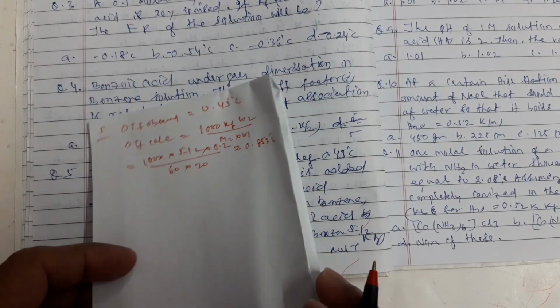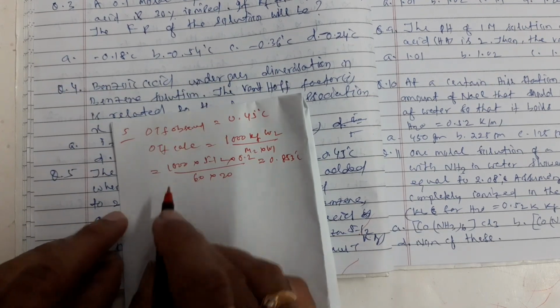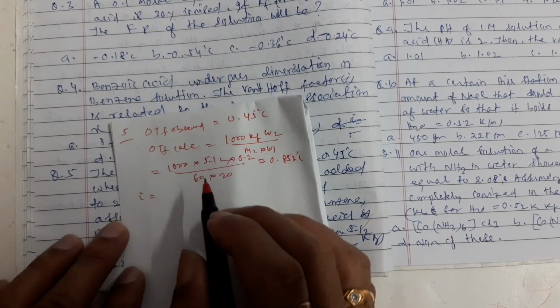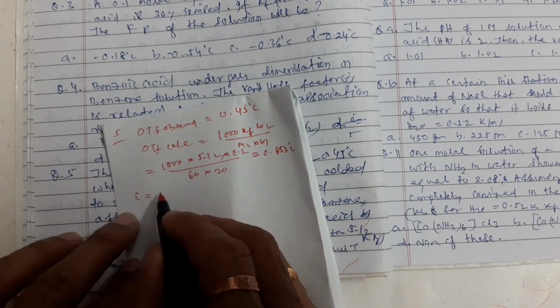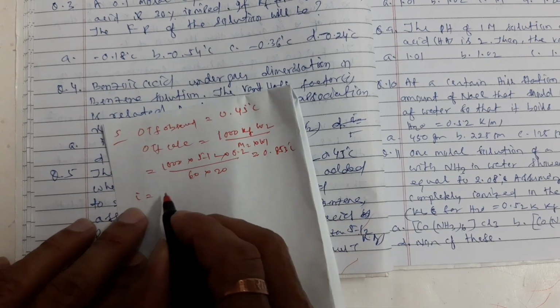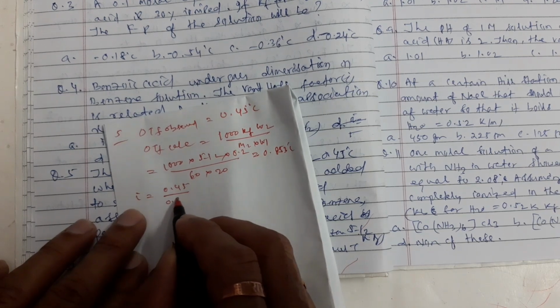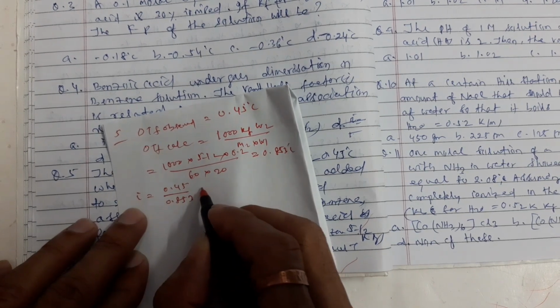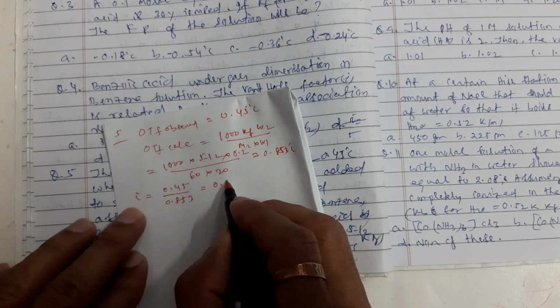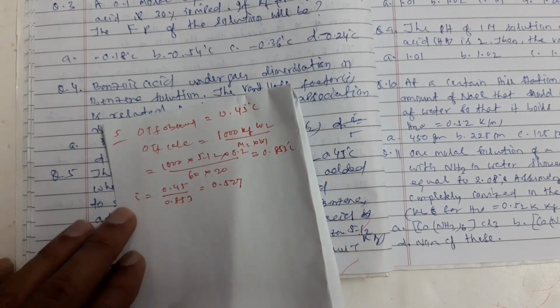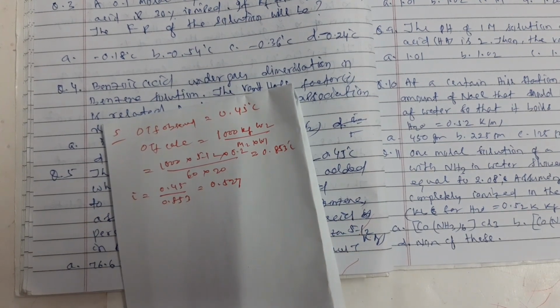So I, the Van't Hoff factor, is equal to observed value over calculated value. Observed is 0.45, calculated is 0.853. So you will get 0.527. Okay, then what to do?